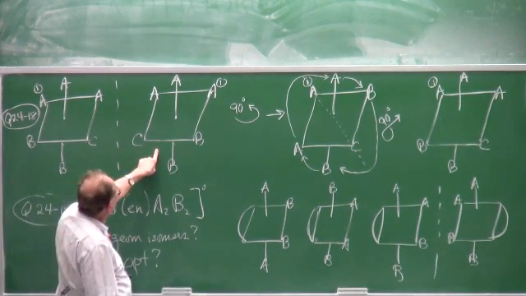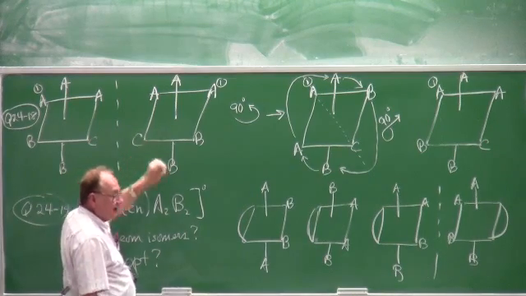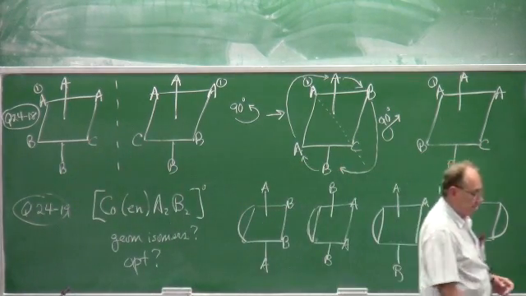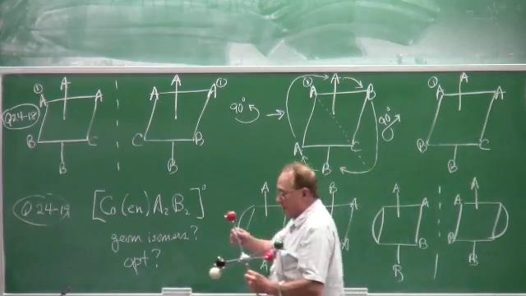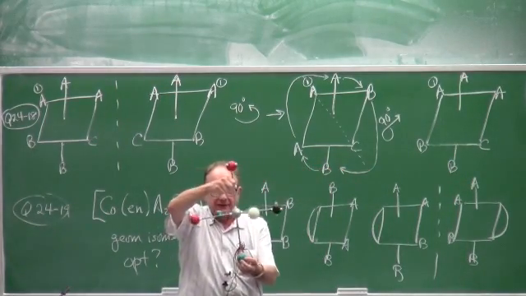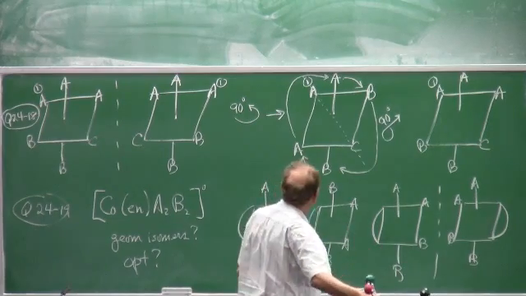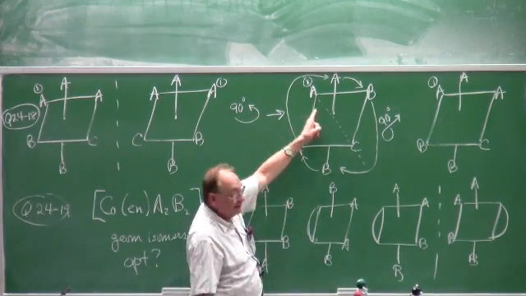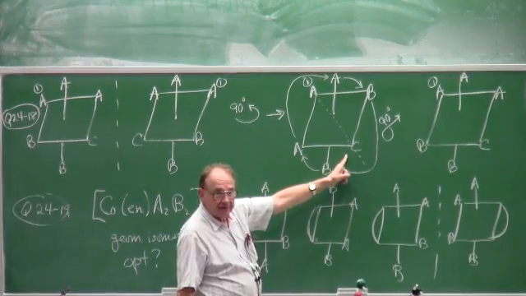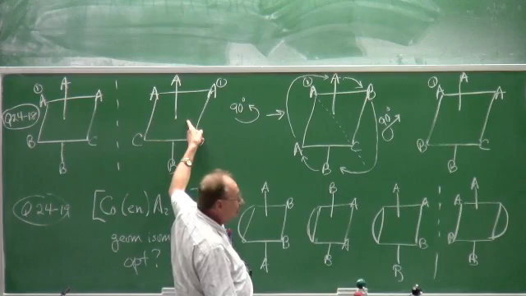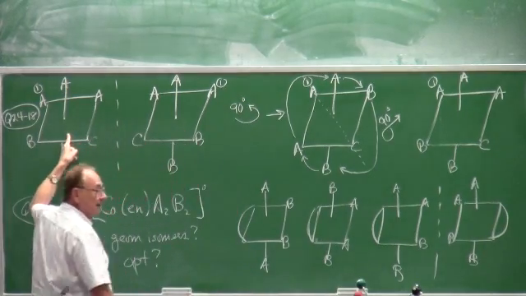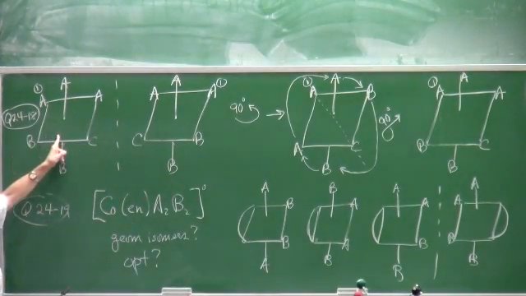So, when I draw the mirror image, I'm going to hold this thing by the top and bottom atoms, A up top and B at the bottom, and I'm going to rotate it 90 degrees this way. I did that so I can make the AC axis for this version of this complex to be identical with the AC axis for this version of the complex.